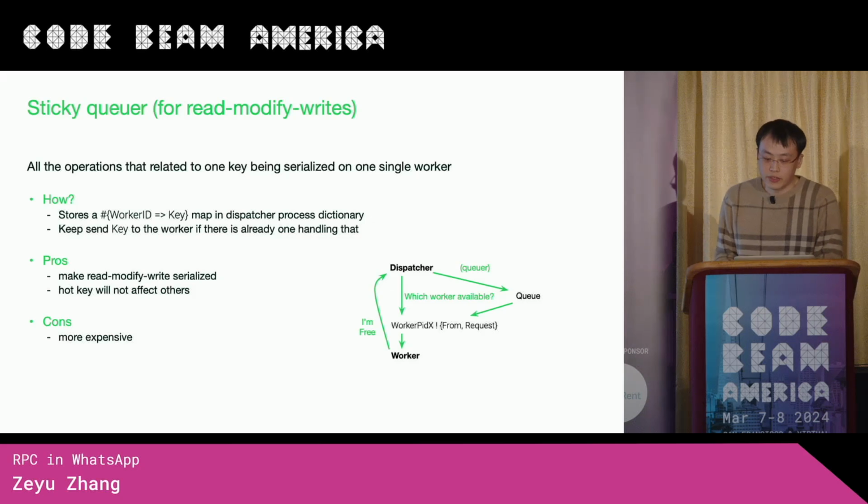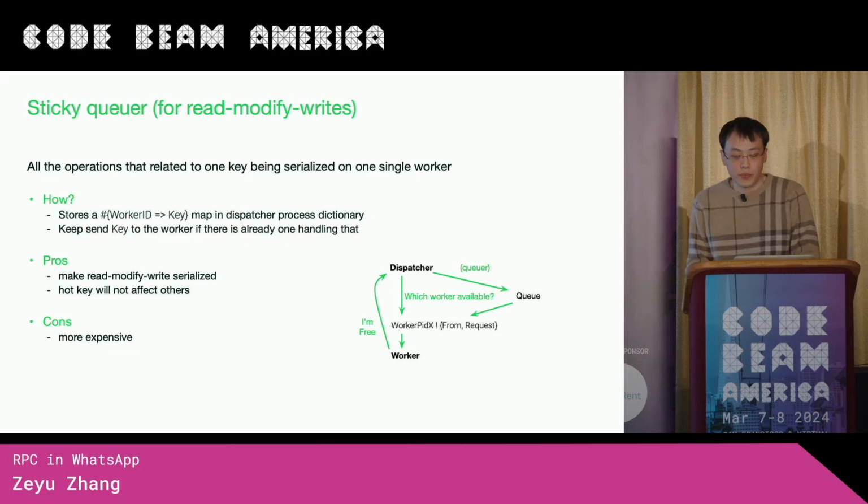So the third dispatcher type is called sticky queuer, which we use for read, modify, write operations. This is because, with best effort, we want all the operations related to one key to be serialized in a single process. We don't want two workers racing with each other and writing inconsistent values.